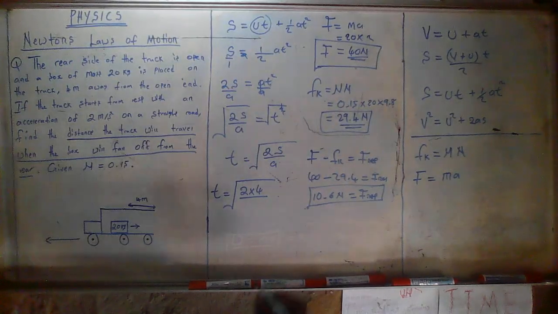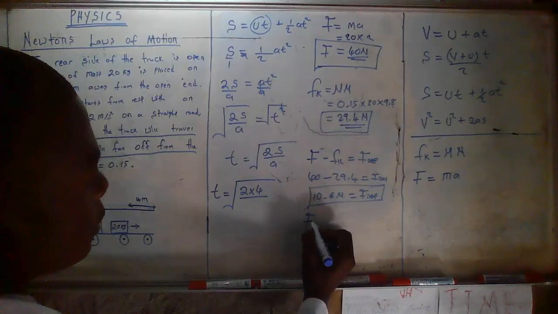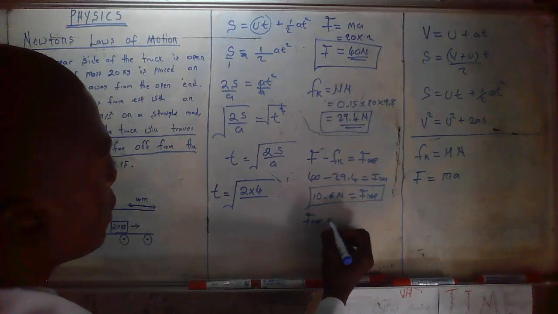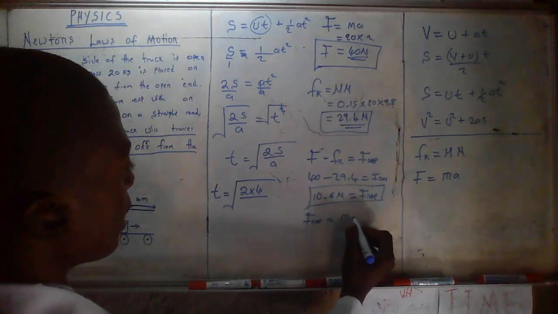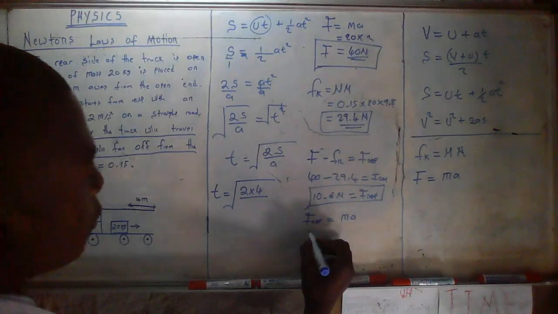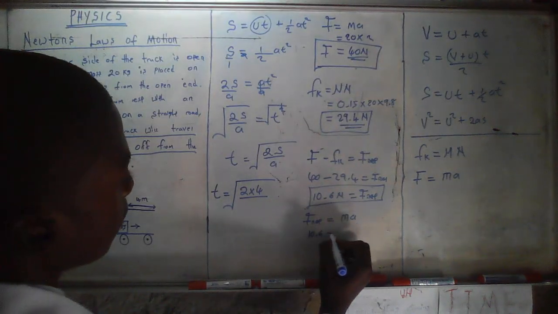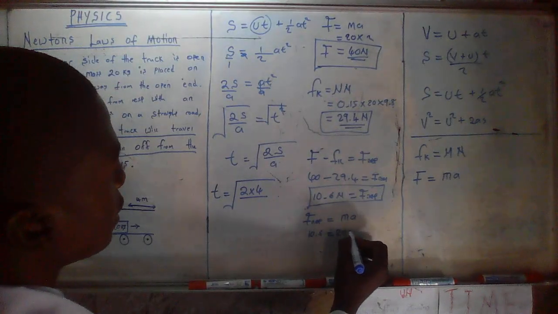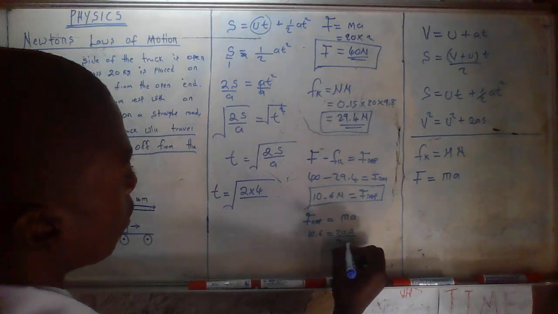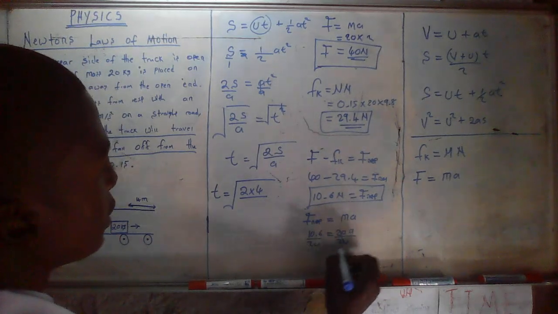In this case, we'll say net force is equal to mass times acceleration. The net force is 10.6. What is the mass for the box? It is 20. So over 20.